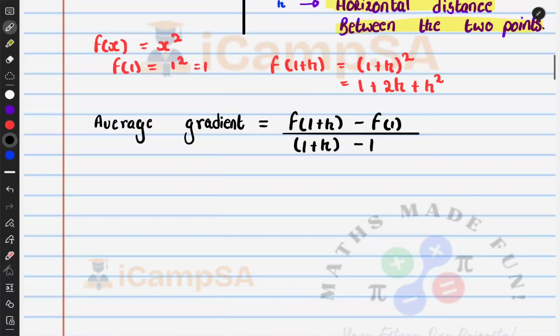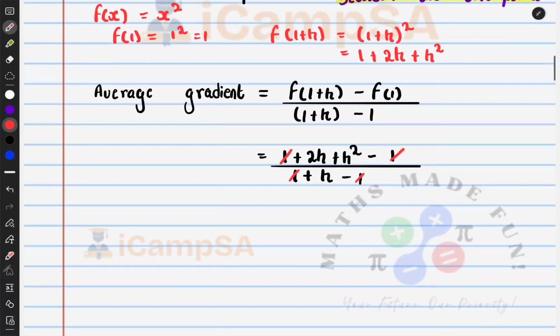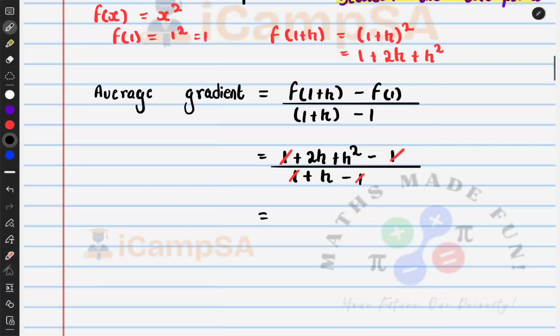And then let's substitute the values. f at 1 plus h will be 1 plus 2h plus h squared, minus f at 1, which is just 1, over 1 plus h minus 1. This will cancel this and this will cancel this, and therefore we will be left with 2h plus h squared over h.